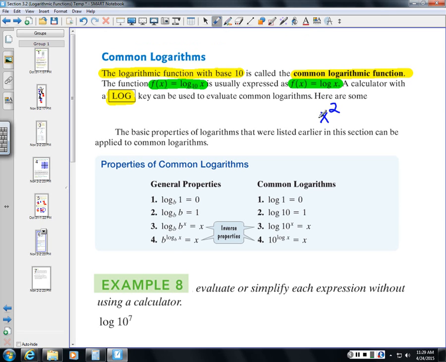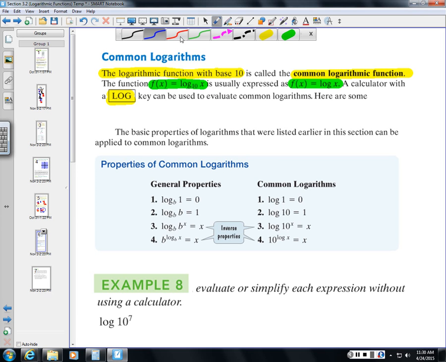We know that there is actually a 1 in front, but we don't write the 1. It's understood that if I don't have that 1 there, there is just 1x squared right here. So it's the same concept: if you don't see a base of 10, then you still have a base of 10. It's understood that that's the common log.